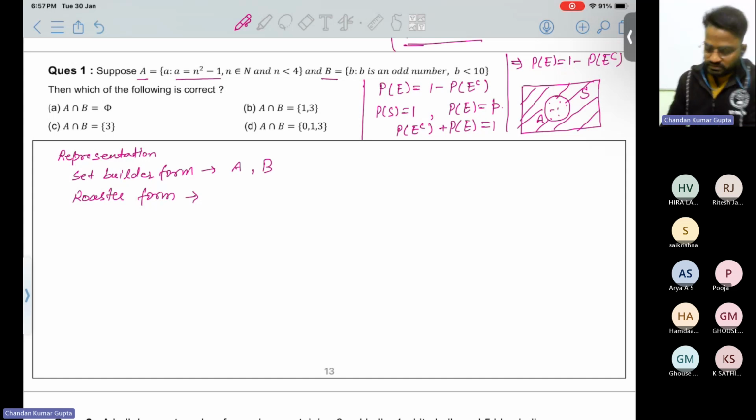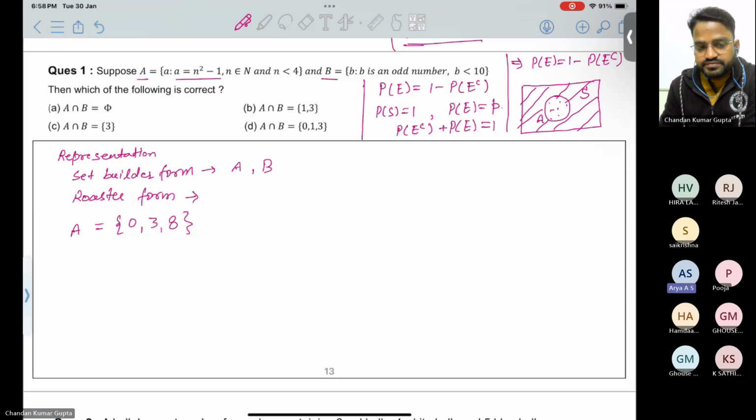In roster form, we write the elements of the set. Here, what is A? Can anyone tell what elements are there in A? A is equal to 0, 3, and 8. And how does it come?